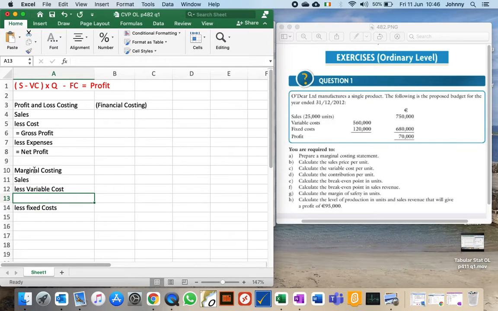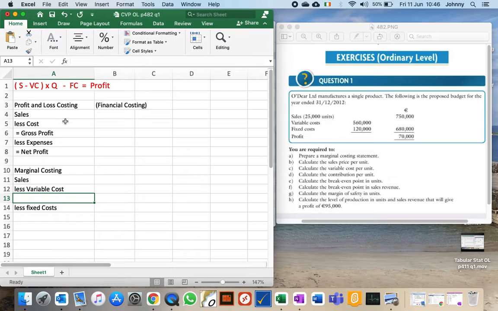So variable costs are the ingredients that go into the products that we make. So this is usually for businesses where they're making stuff, whereas profit and loss costing would usually be used by businesses who buy and sell things. So variable costs would be the ingredients that go in. So the two main ingredients will be materials and maybe labor time. So that goes into every product we make.